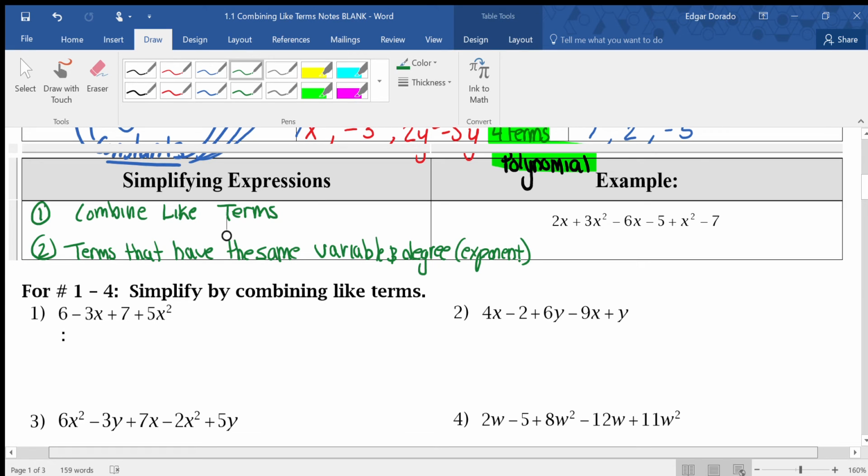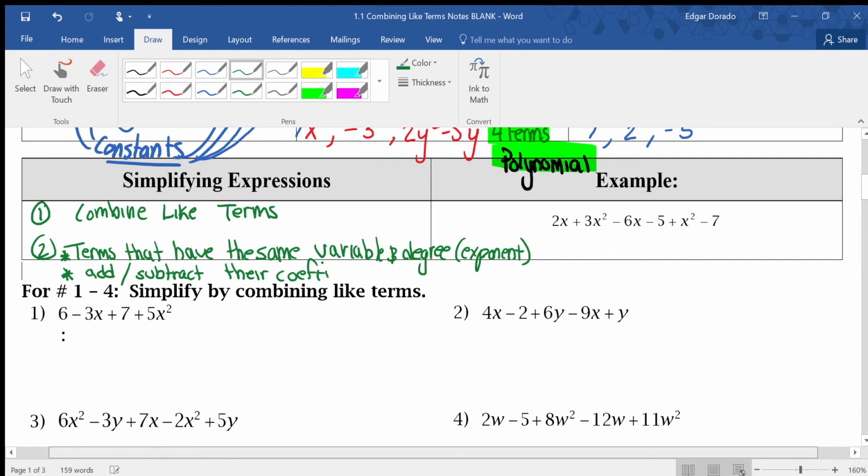All right. And once we know what those terms are, we have to add or subtract their coefficients. So we want to be able to combine like terms, but what does that mean? All that means is that the terms have to be the same variable and have the same degree, okay? And we add or subtract their coefficients when we're actually combining those terms.